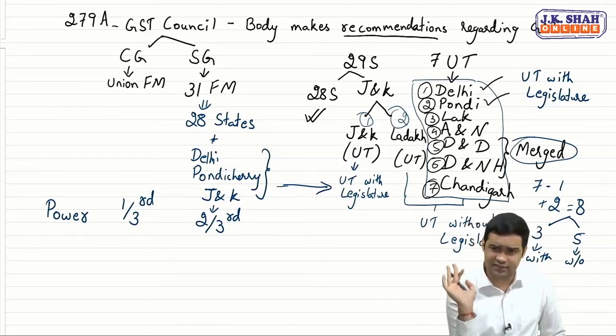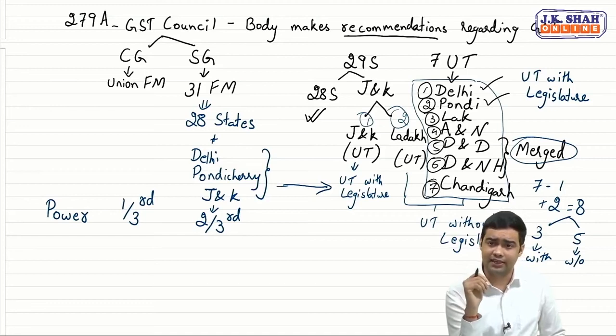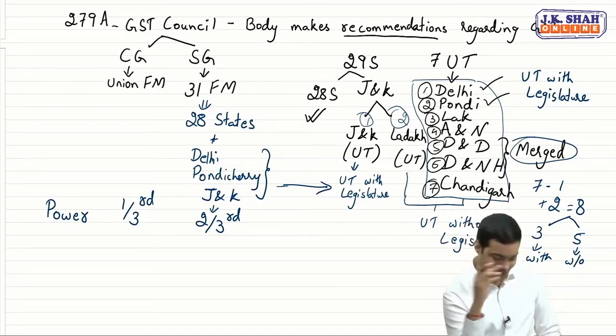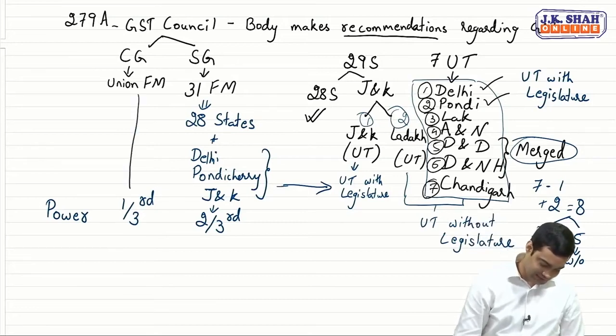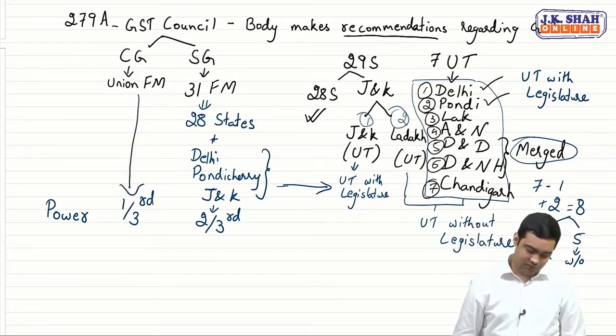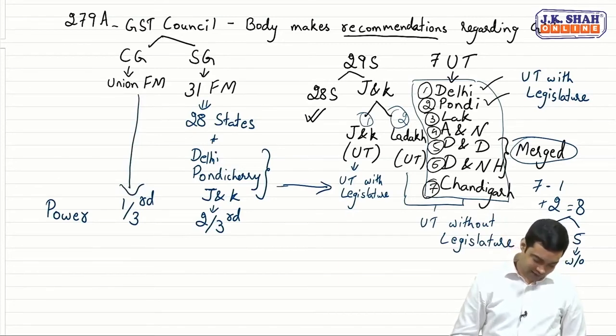All states are taken on par. Otherwise, UP will eat the entire share. So to keep that in mind, 1/3 belongs to central government as the power, and 2/3 belongs to state government. The fun arises when I tell you the required majority to make a recommendation.